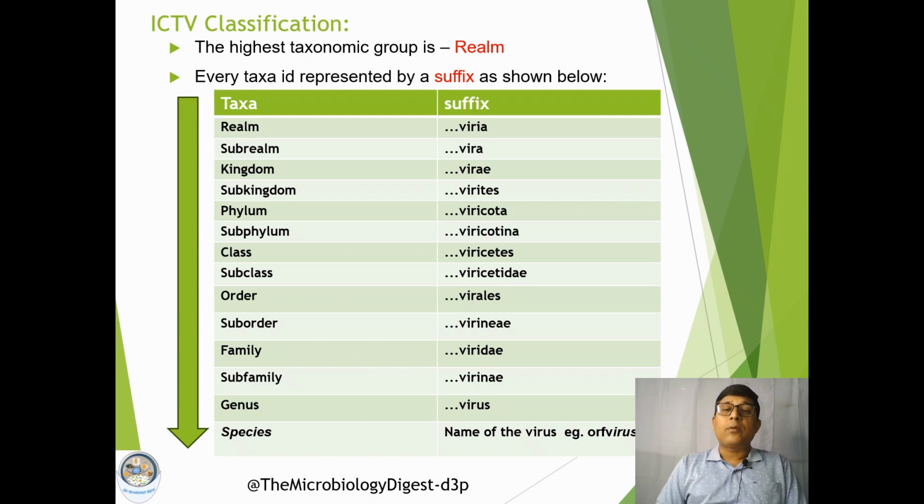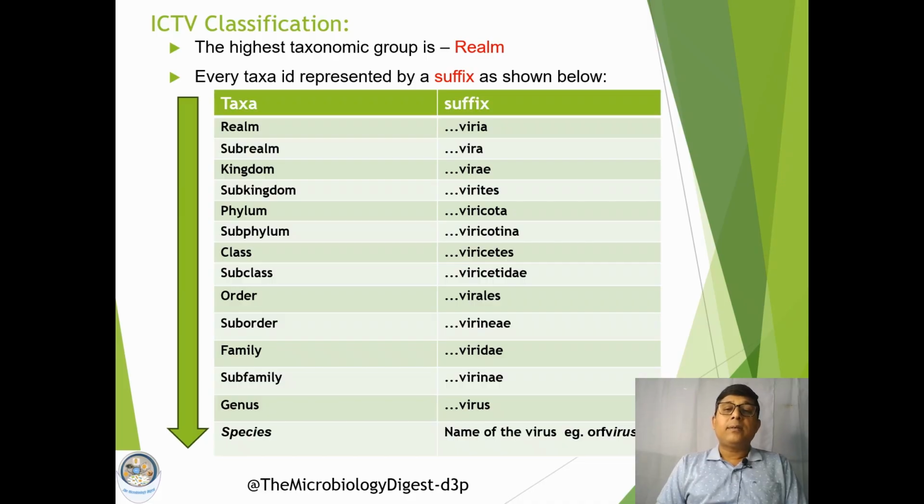Realm, the highest taxonomic group, is suffixed with the word viria. Then subrealm, it is vira. Kingdom, it is viri. Subkingdom, it is virites. Phylum, it is viricota. If it is subphylum, then it is viricotina. Class, viricetes. Subclass, viricetidae. Order is suffixed with the word virales.